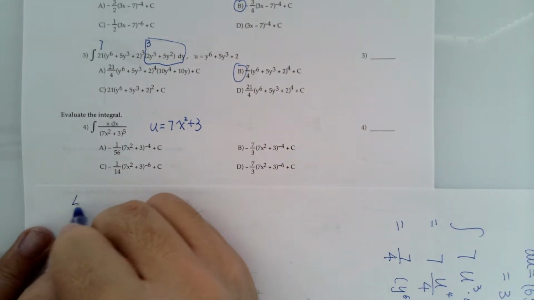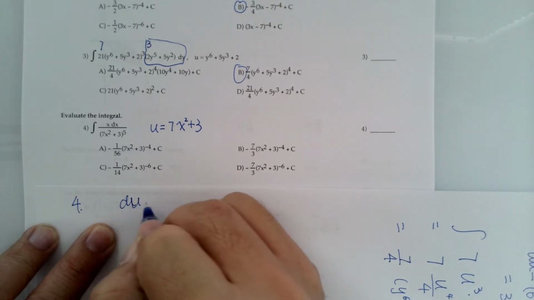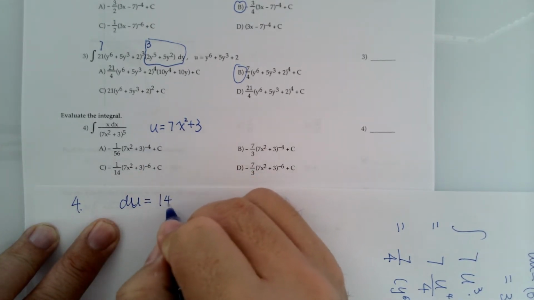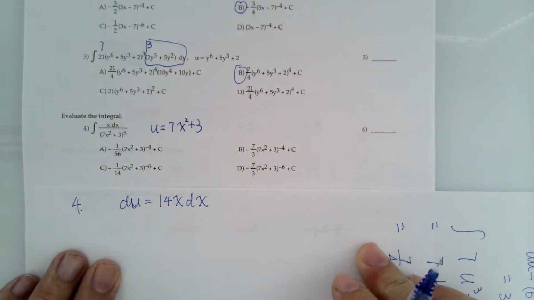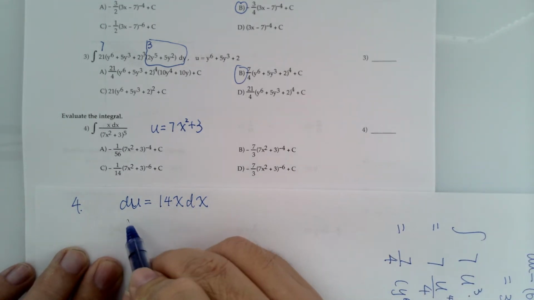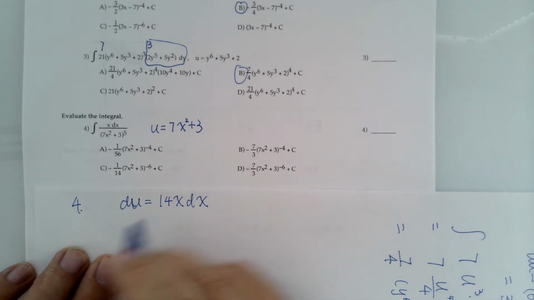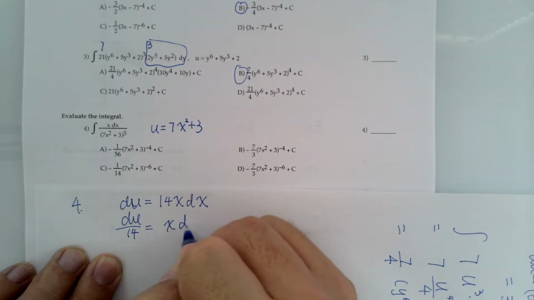If we set u here, then du becomes 14x dx. So du equals 14x dx, and du over 14 is x dx.